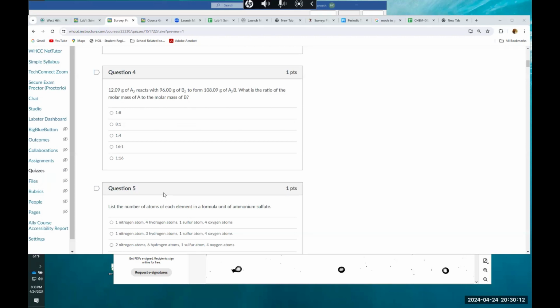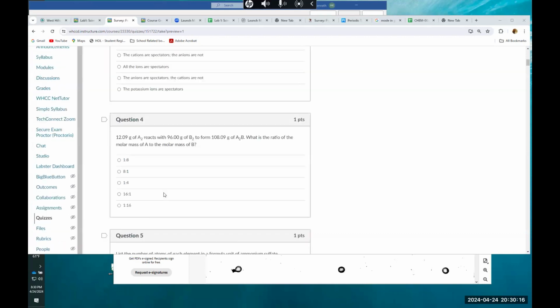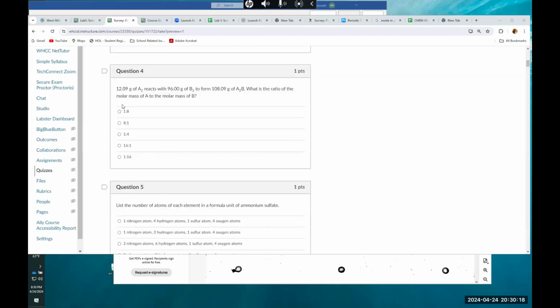Okay, so let's see. 12, did we do the right one? Wrong one. 12.098 grams of A2 reacts with 96.0 grams of B2 to form 108.09 grams of A2B.